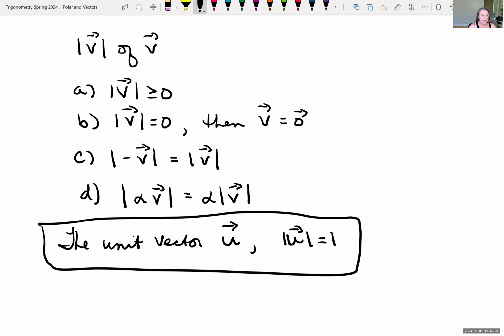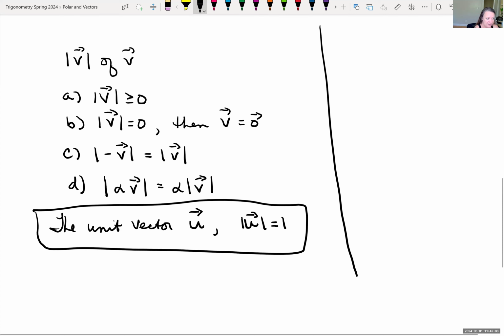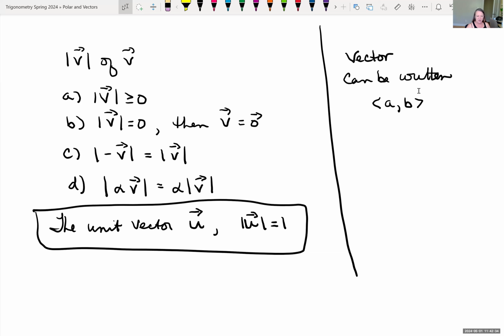So let's say that we have two vectors. Algebraically, a vector can be written as <a, b>. It kind of looks like a less than and greater than sign on there.